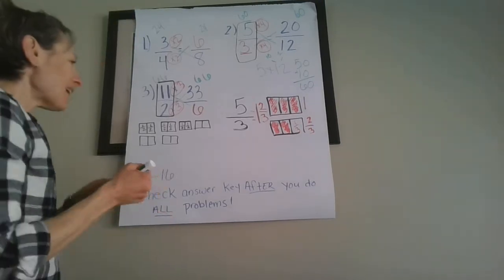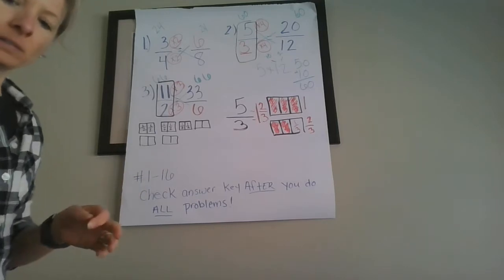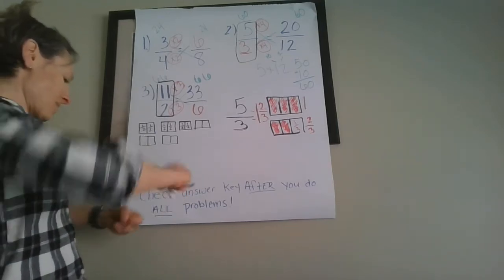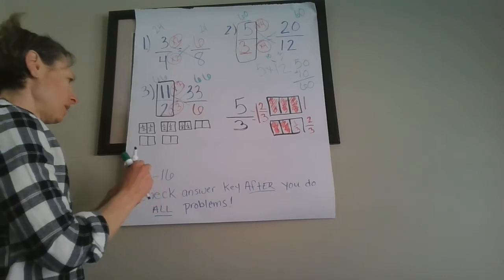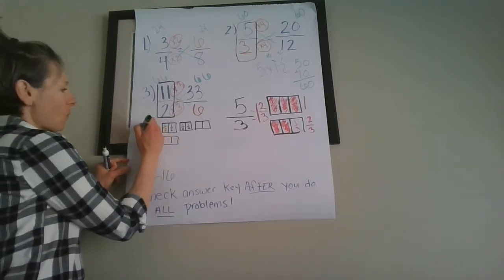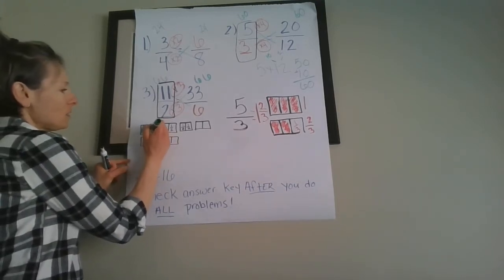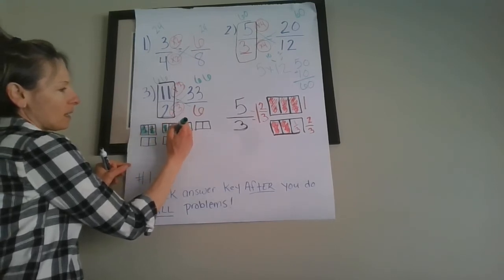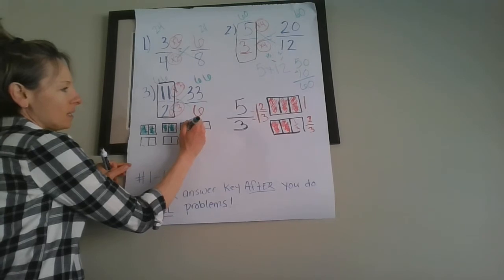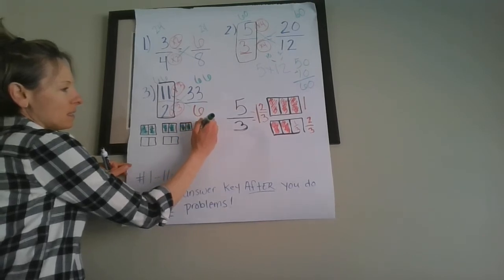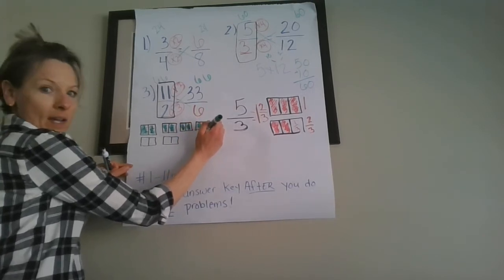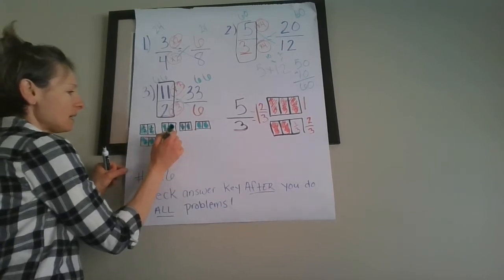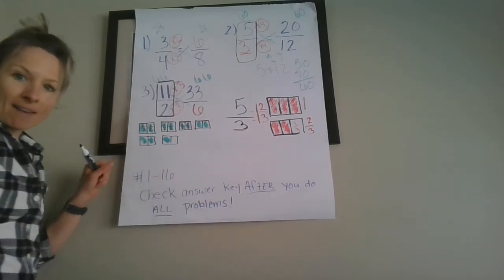If you need 11 halves, that would be 1, 2, 3, 4, 5, 6, 7, 8, 9, 10, 11.